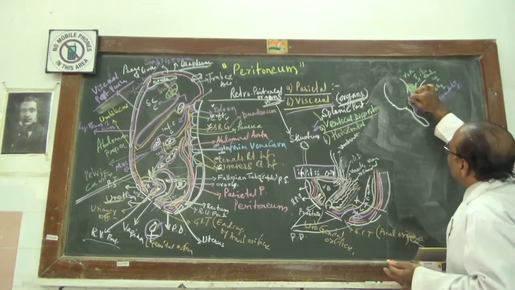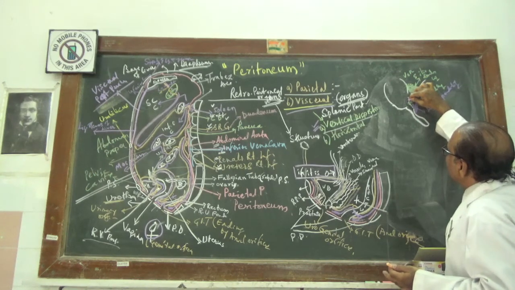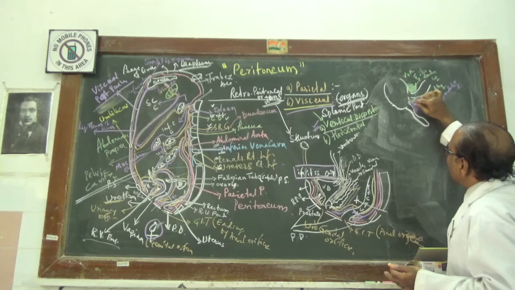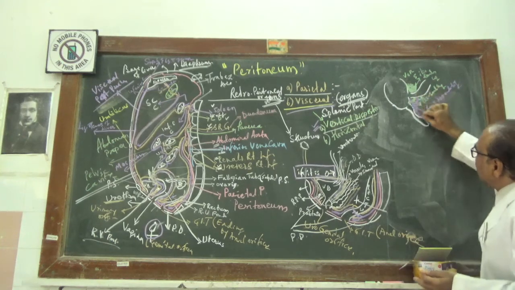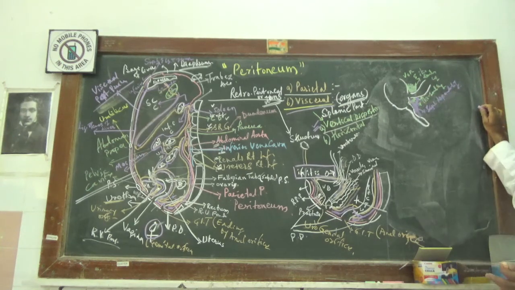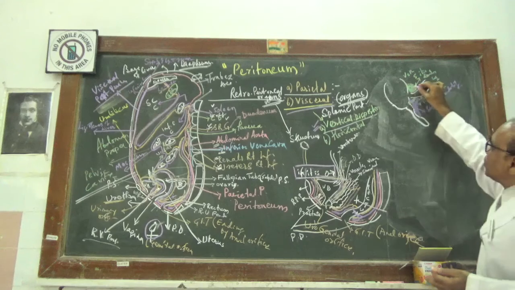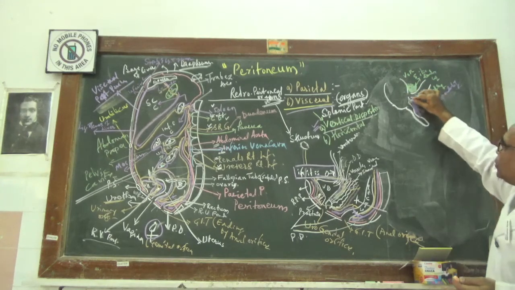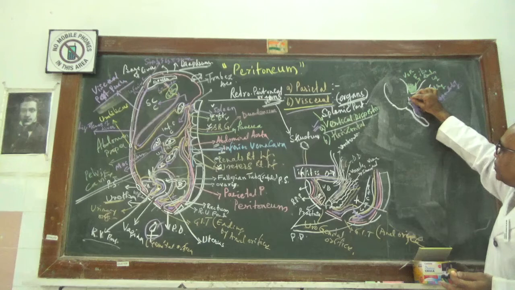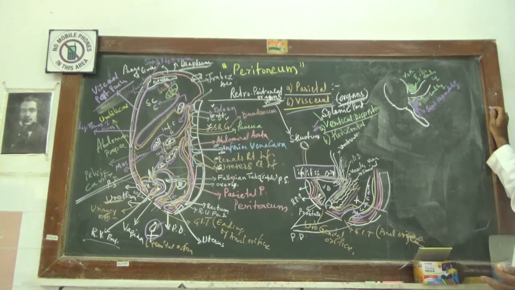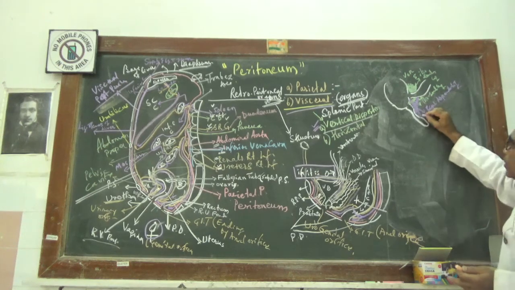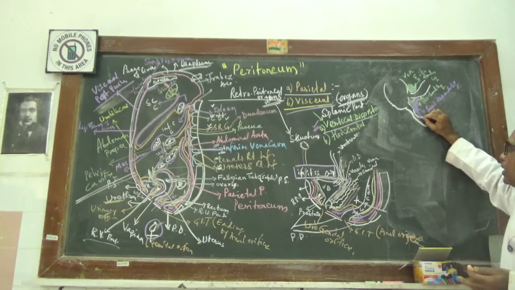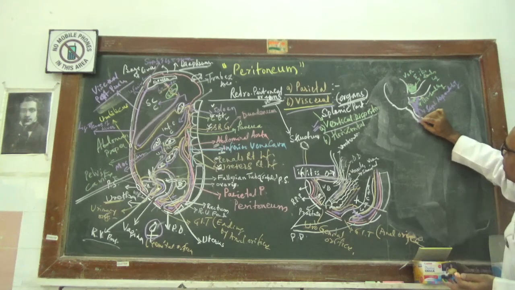Then from the medial part of the cecum to the appendix, one more ligament runs. After covering the cecum by the right portion of the mesentery, it runs to the medial part of the cecum, and then extends to cover the upper medial part of the appendix and then the anterior part of the appendix.